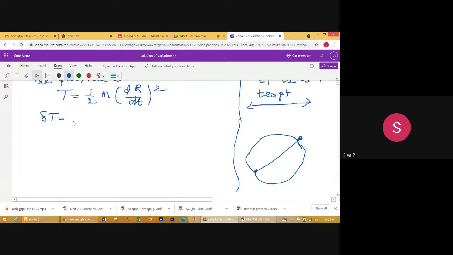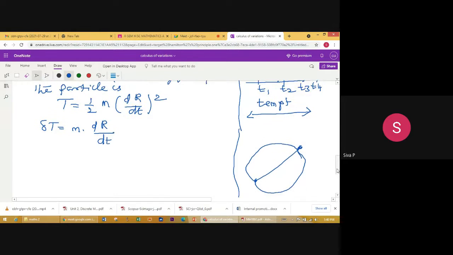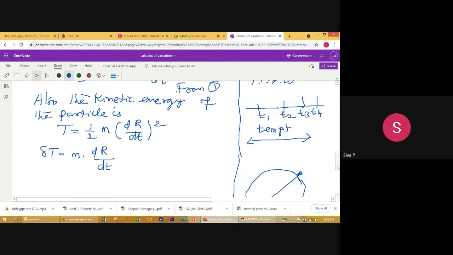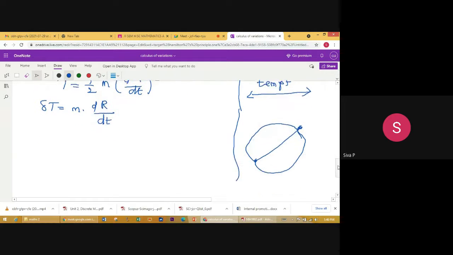Delta T equal to M dr by dt. What is T here? T is half M dr by dt whole square. That is the kinetic energy of the particle.